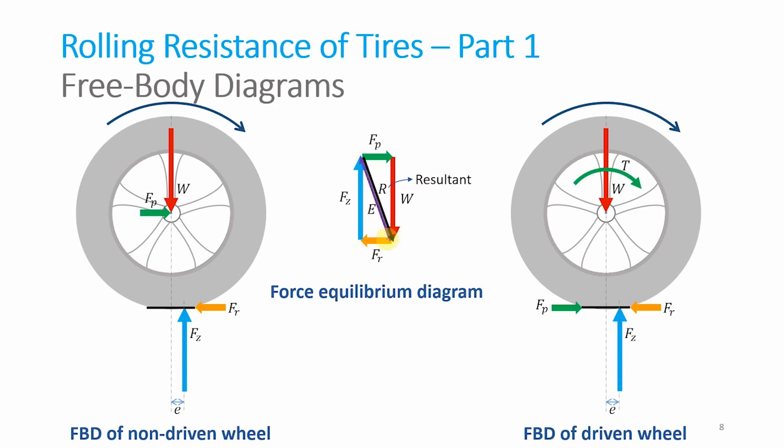Then the equilibrium is achieved by summing these two, and this E is the equilibrant which balances the resultant. So basically this is the free body diagram for both a non-driven wheel as well as a driven wheel. This is interesting because even though these are two different cases, the force equilibrium diagram came out the same.